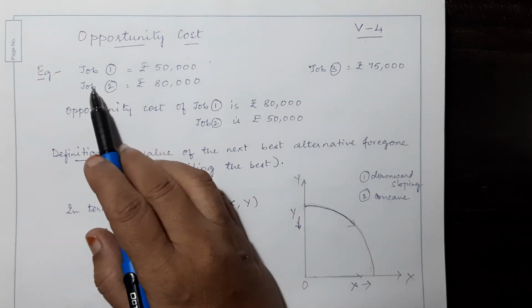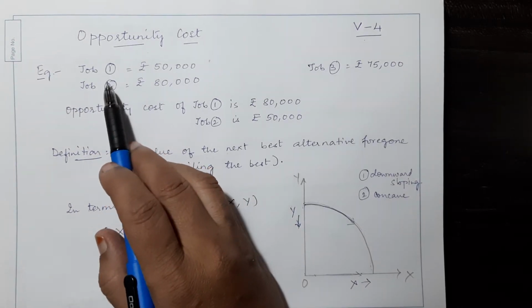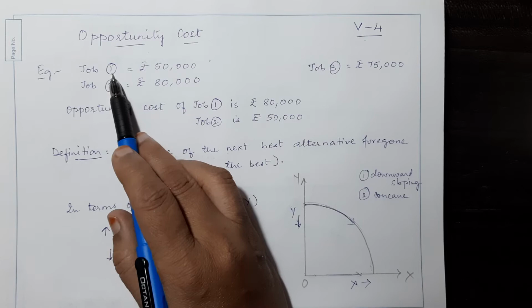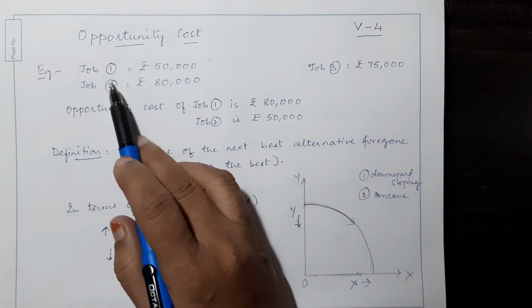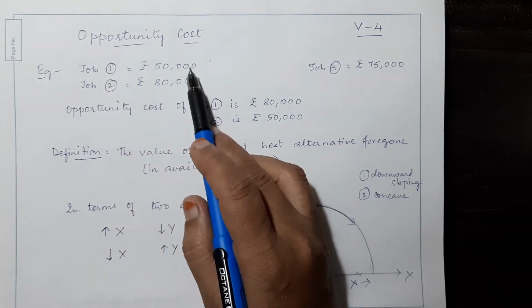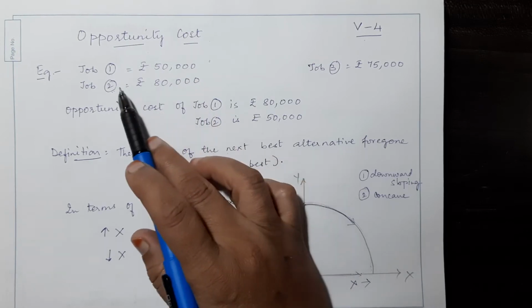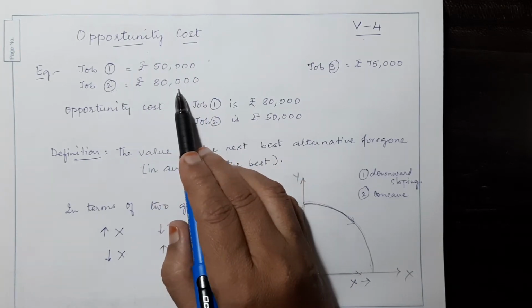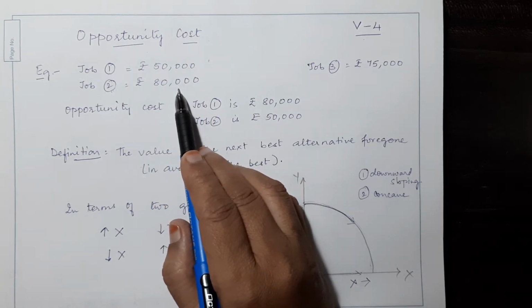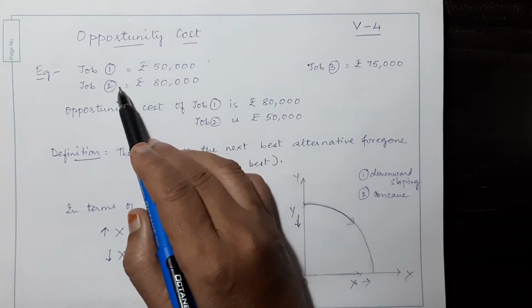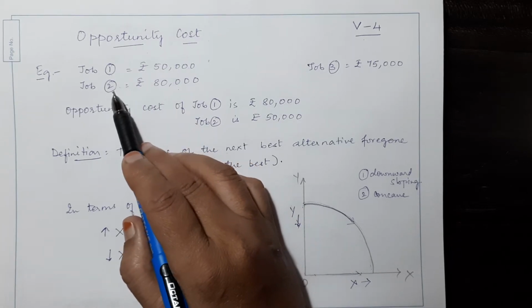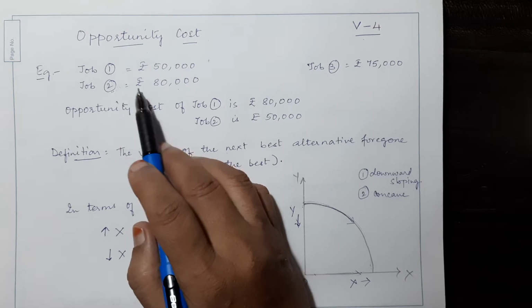Now suppose you are offered two jobs, job 1 and job 2. Job 1 offers you 50,000 rupees per month and job 2 offers 80,000 rupees per month. Which one would you go for? Obviously job 2. So what is the opportunity cost of going for job 2?